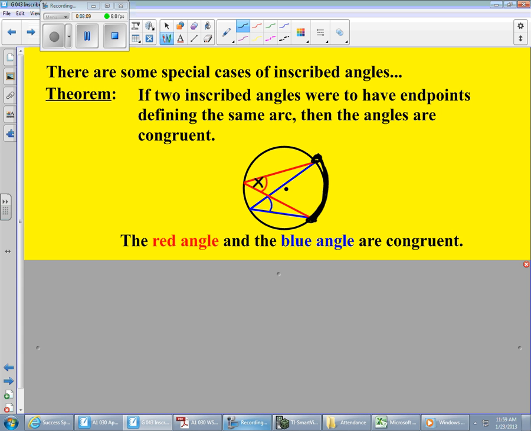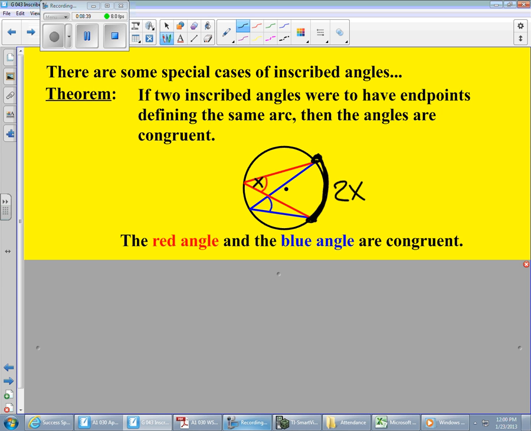The rule is that you can read it 2 different ways. You can either say that the angle is going to be half as big as the arc, or the arc is going to be twice as big as the angle. So if I said the angle is x and the arc has to be twice that big, then what would the arc be? 2x, right? That would go along with the rule that the arc is going to be twice as big as the angle. And that was all talking about the red angle.